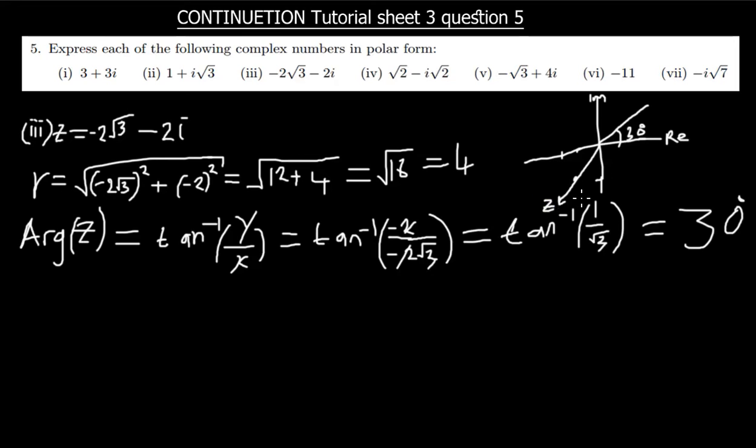If you look at this z here, it's not in the first quadrant, but the angle that we found is in the first quadrant. You need to master this. I think I also explained this in trigonometry.